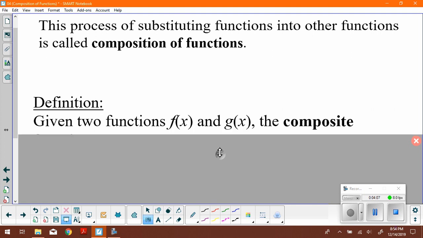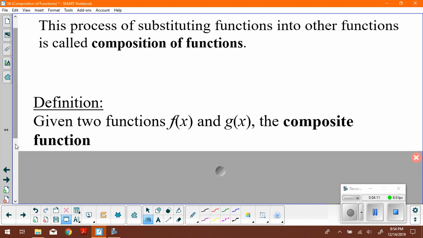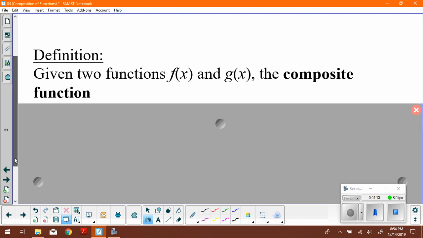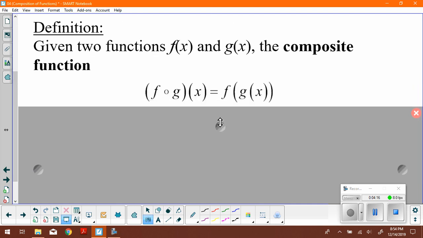Given two functions, f of x and g of x, the composite function is f of g of x. We note this with just a little open circle to show the composition, or you could just write f of g of x.